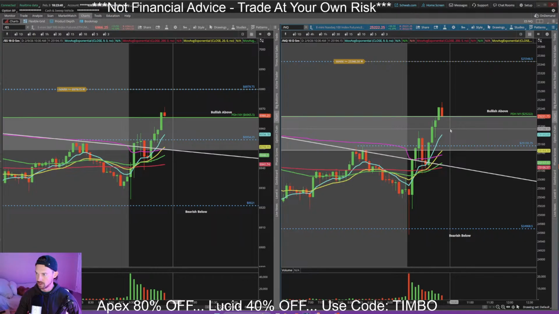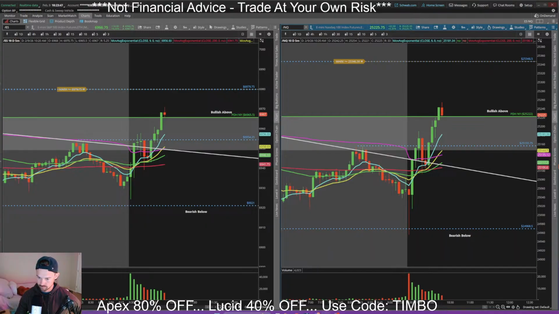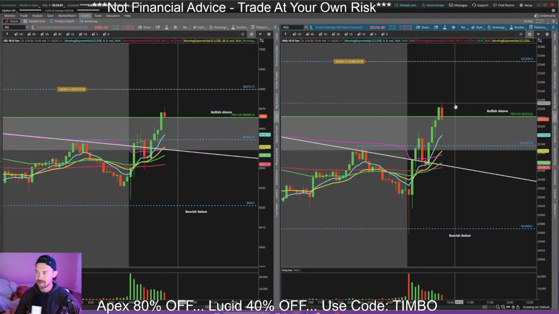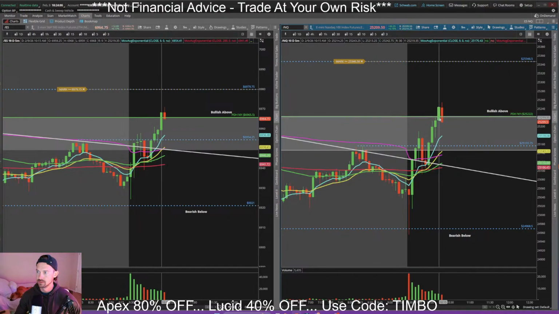Maybe a deeper pullback. All right, NQ coming back below that previous day high.